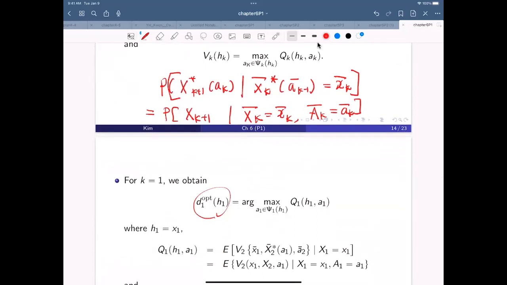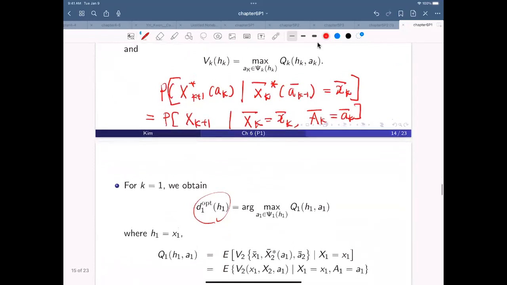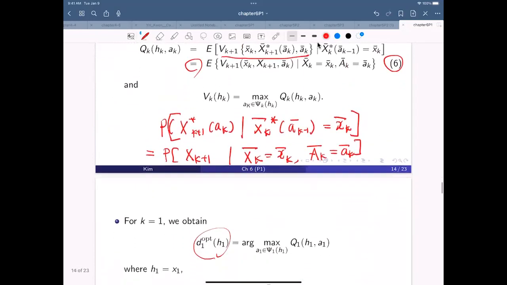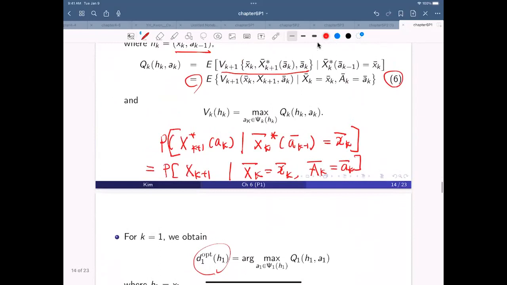Once you obtain the optimal at k equal to 1, this can be plugged in to obtain D2 optimal, because D2 optimal is a function of D1.